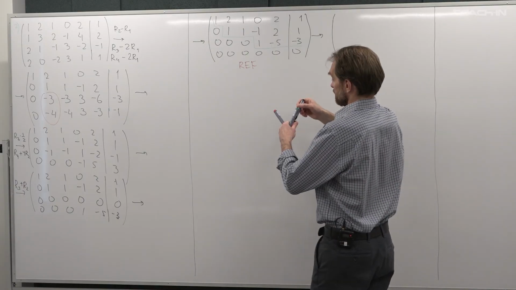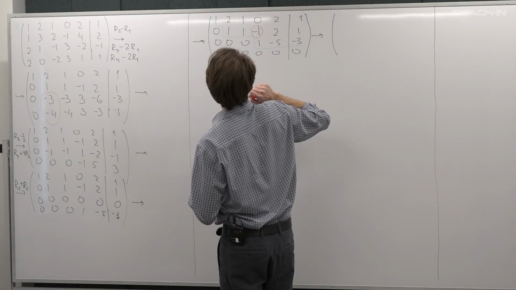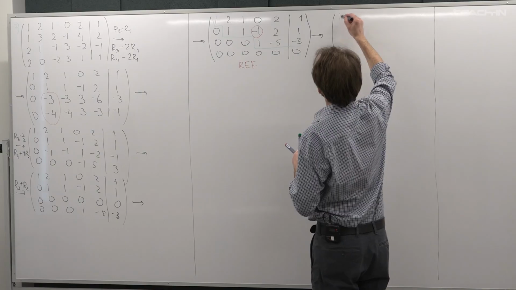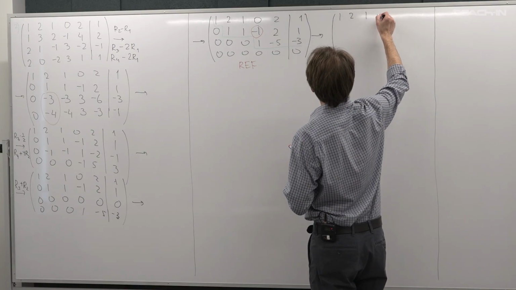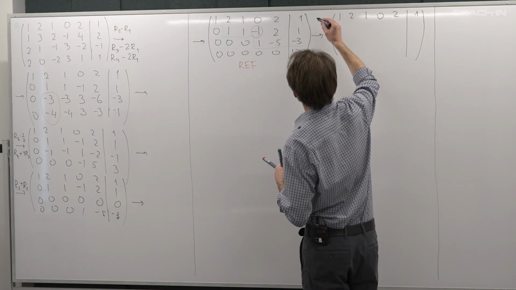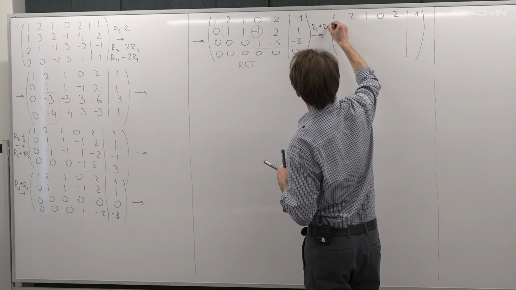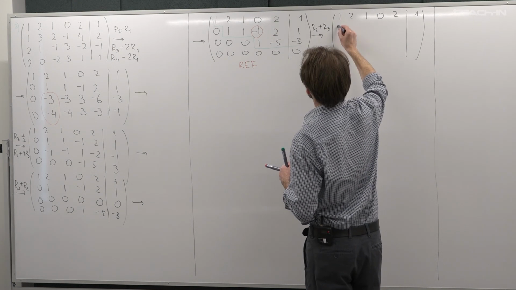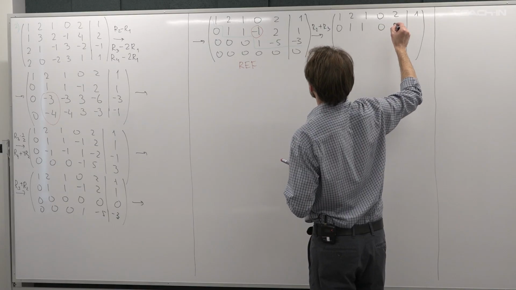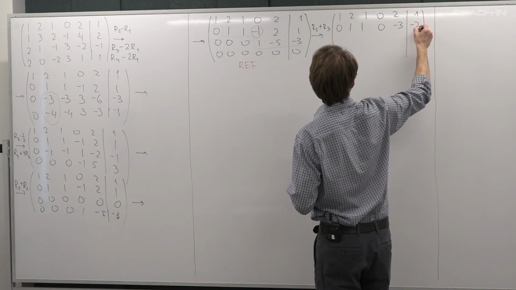So I need to get rid of this element first. So I get 1, 2, 1, 0, 2, and 1 in the right-hand side. So I add the third row to the second row. So 0, 1, 1, 0, minus 3, and then minus 2.